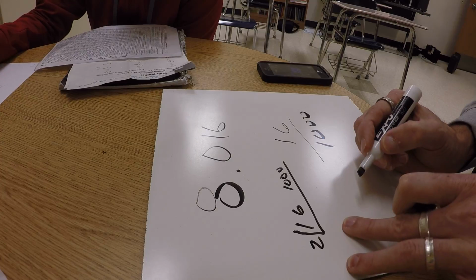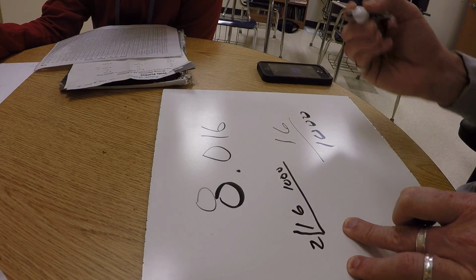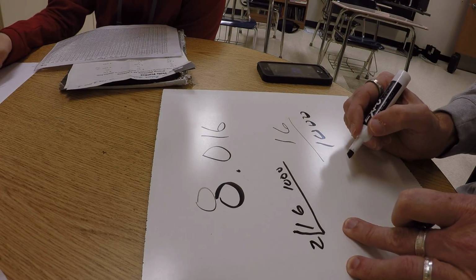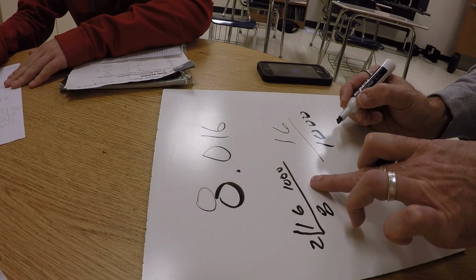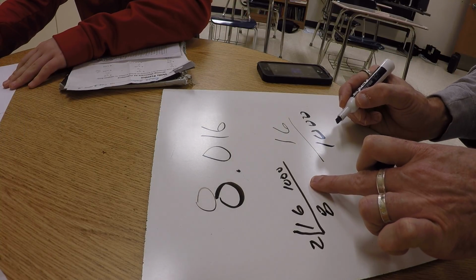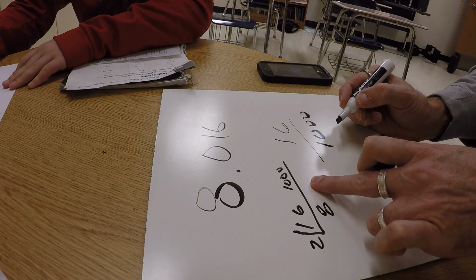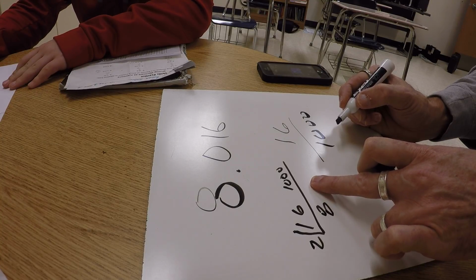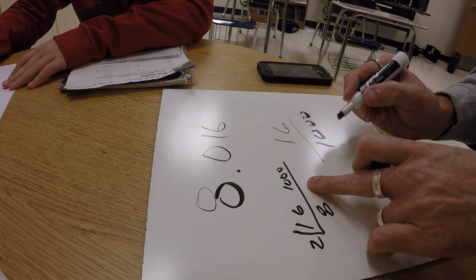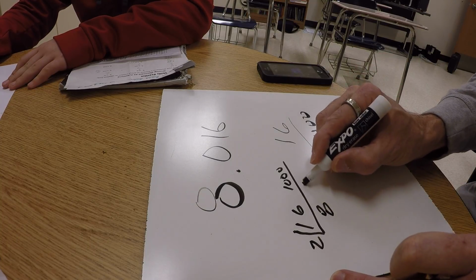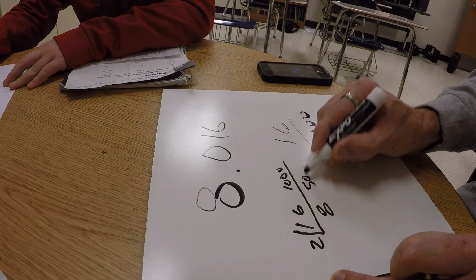So 2 will go into 16. We can cram that in there 8 times, right? And 2 will go into 1,000, how about 500 times? Yeah, because 2 will go into 10 5 times, and then just drop the 2 zeros on it.